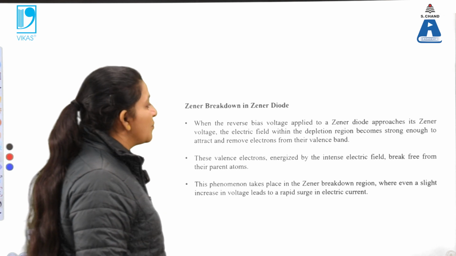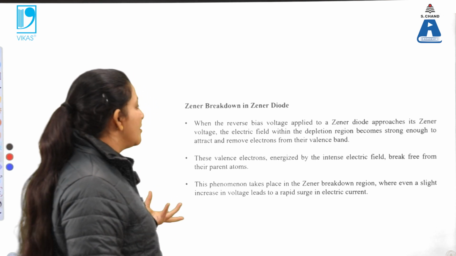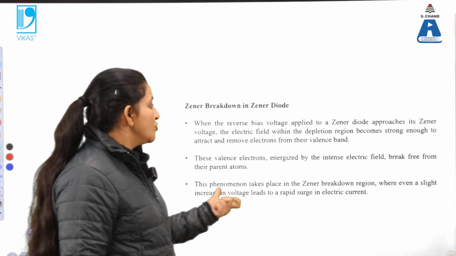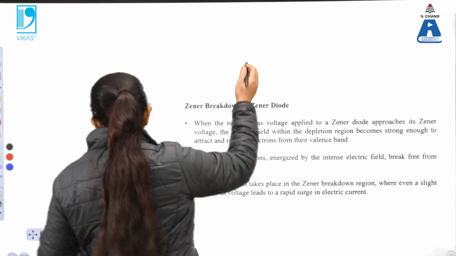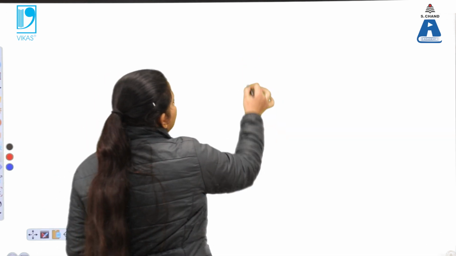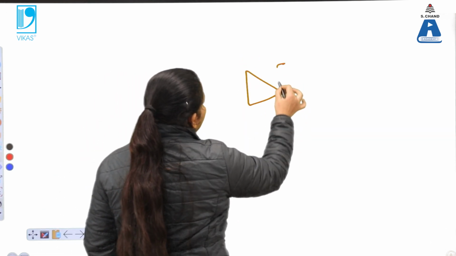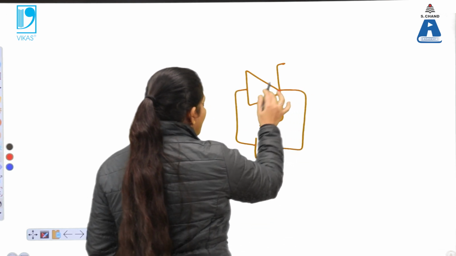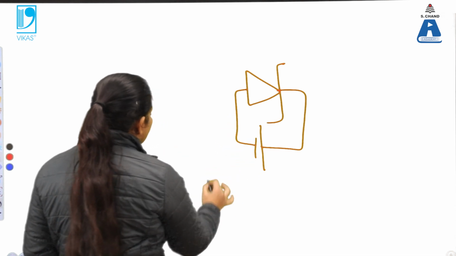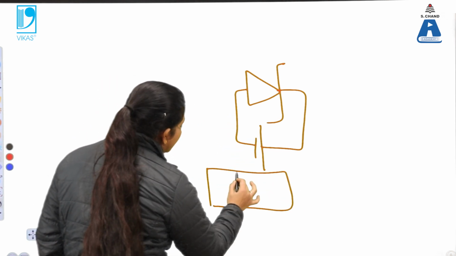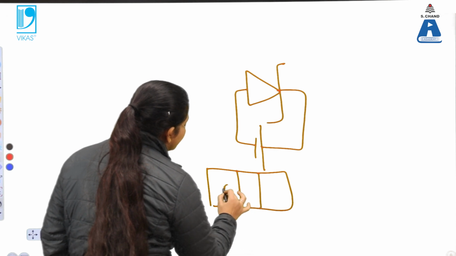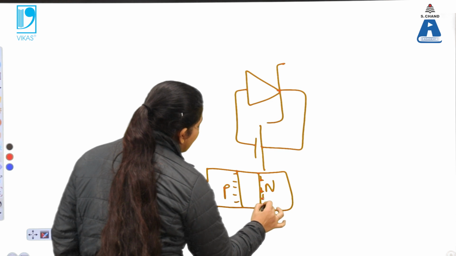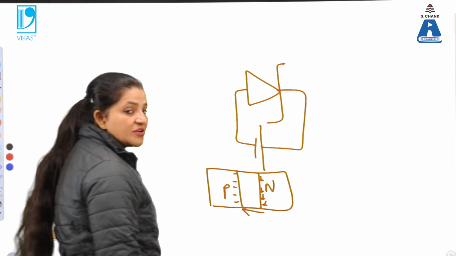The electric field within the depletion region will become strong enough to attract and remove the electrons from their valence band. So we know that in this case the reverse bias is applied. If this is a p type and they are heavily doped over here, the negative terminal is there. If the p is here and the n is here, the depletion region is formed, and the electric field is developed in the reverse direction.